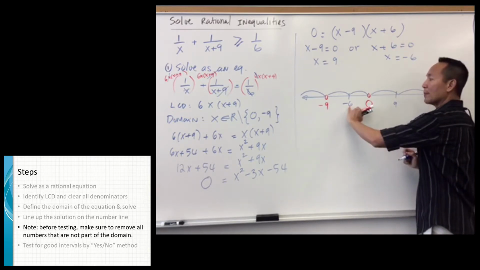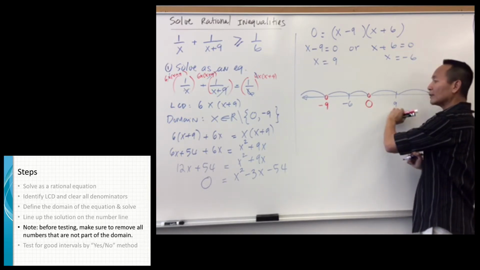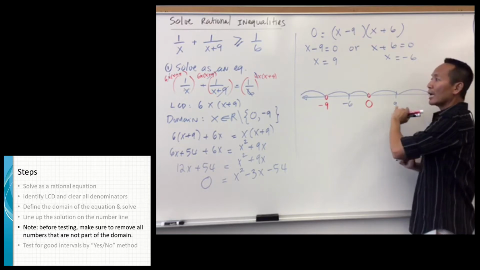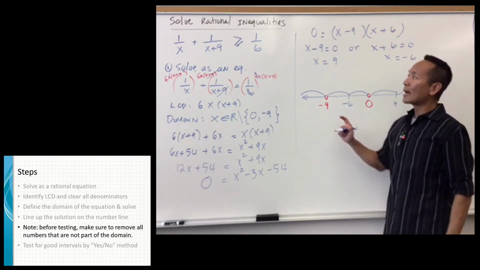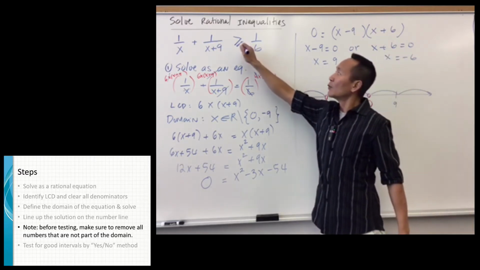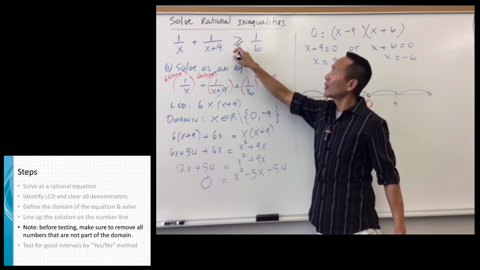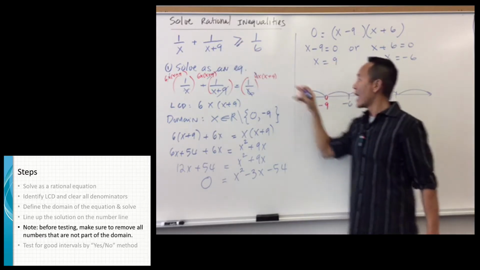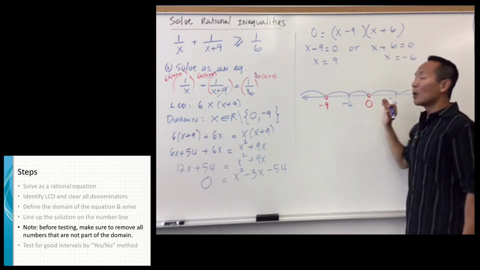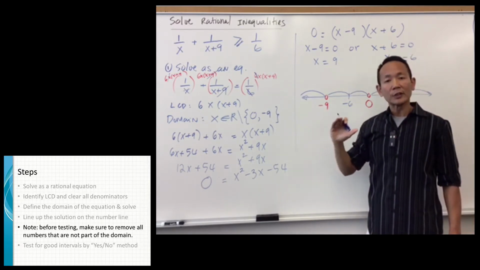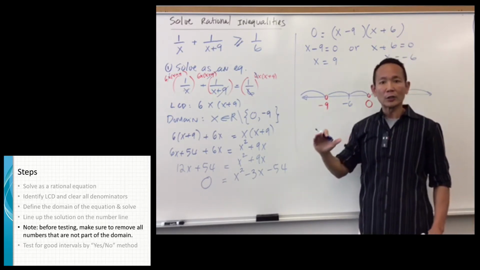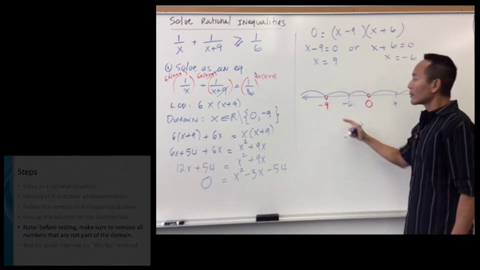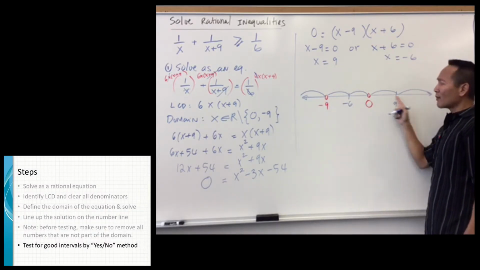And also remember, when you want to include negative 6 and 9 in the solution, you go back to the inequality. If we see the equal sign with the inequality, then negative 6 and 9 will be part of the solution, the shading of the solution. Now we have 1, 2, 3, 4, 5 intervals.